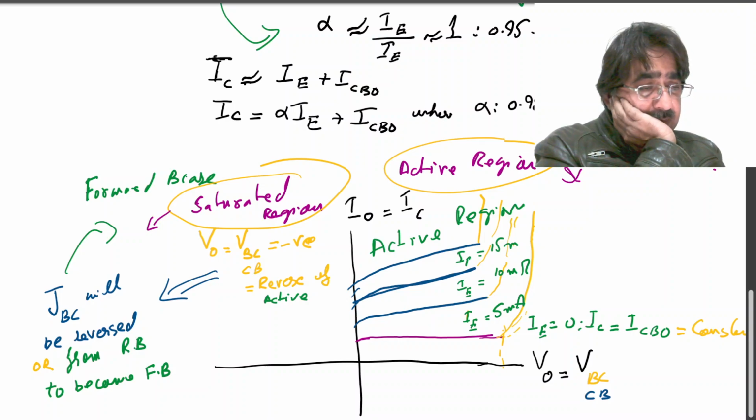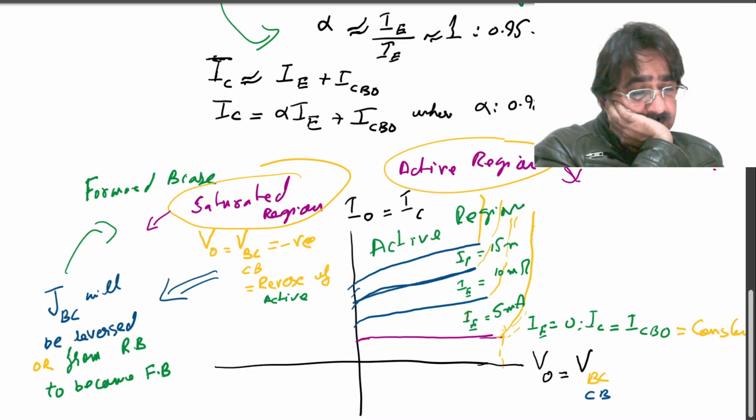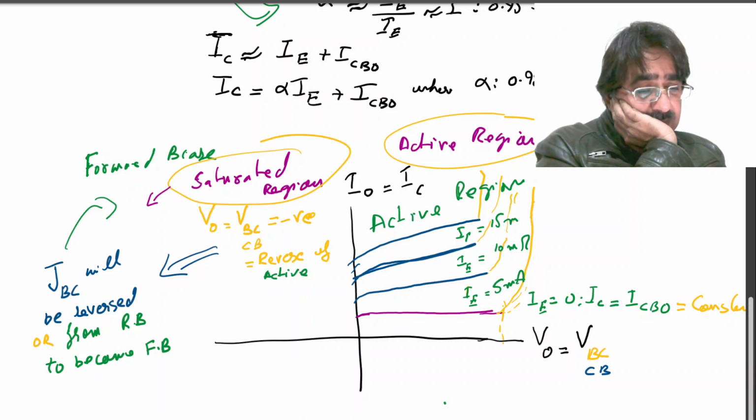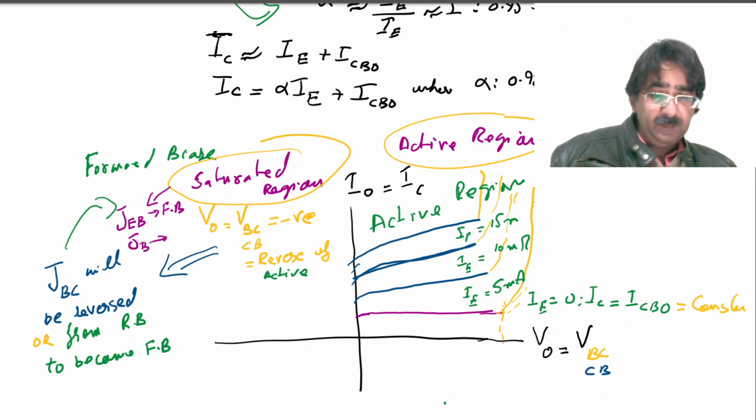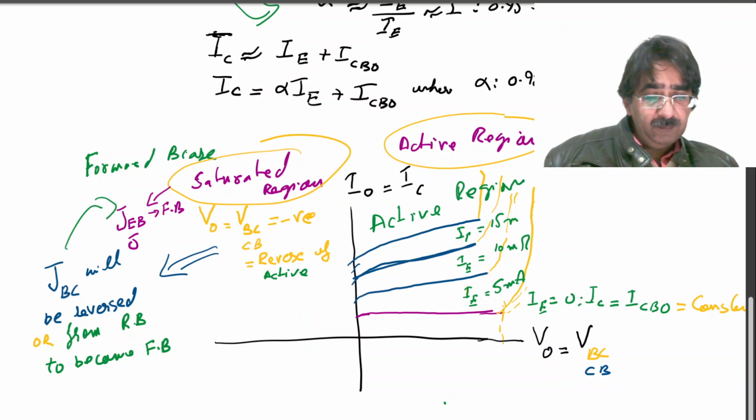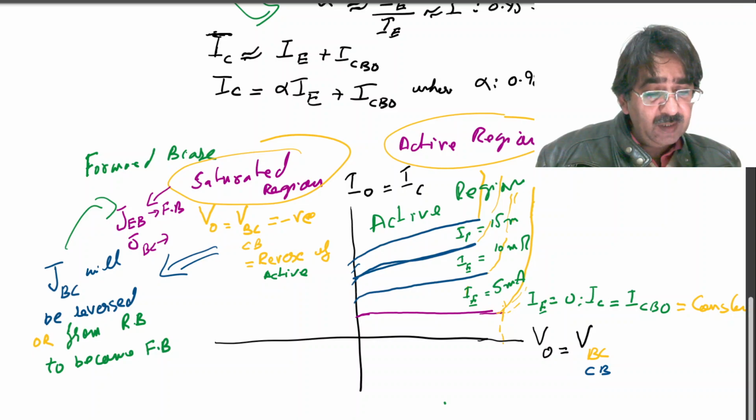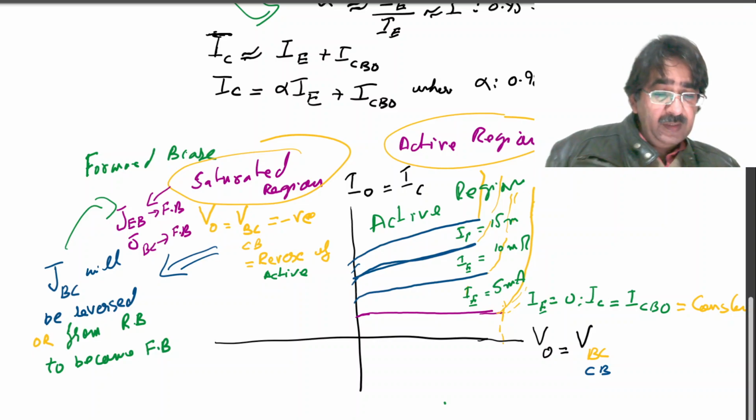In this saturation region, it is saturated because JEB is a forward bias, and JBC is also a forward bias.